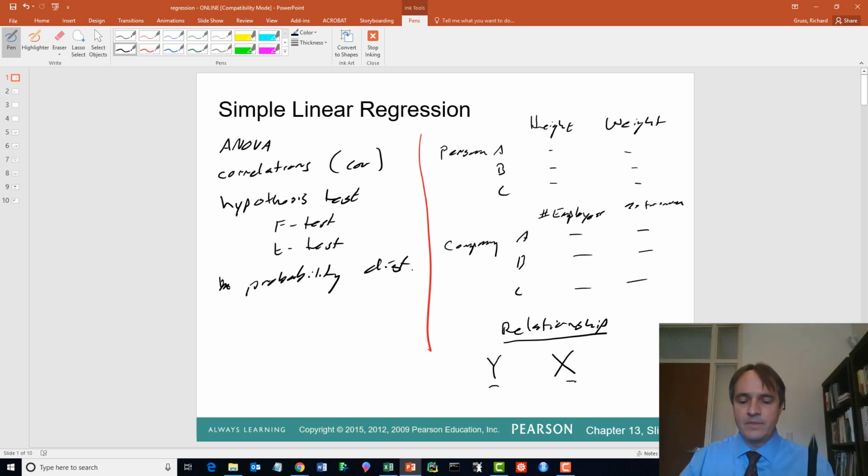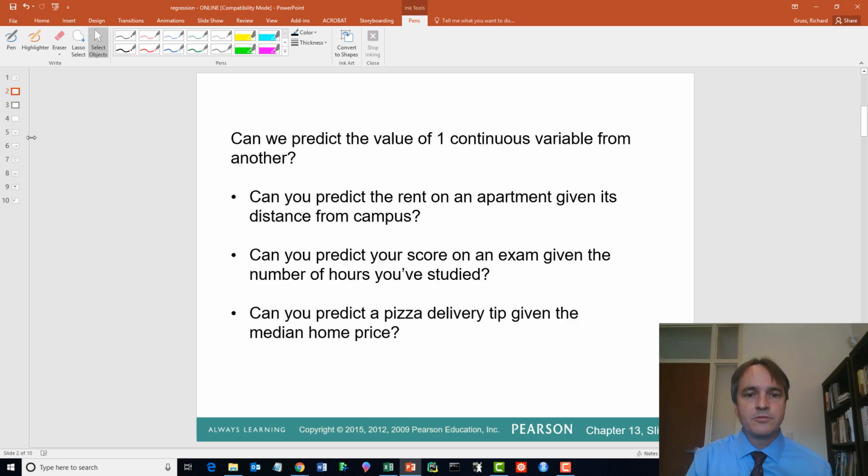Okay, so some other examples of where we might be interested in the relationship between two variables. Can you predict the rent on an apartment given its distance from campus? I suspect that there are several factors that go into the rent: number of bedrooms, the light versus dark side, or the newness, the quality of the fixtures, and so forth.